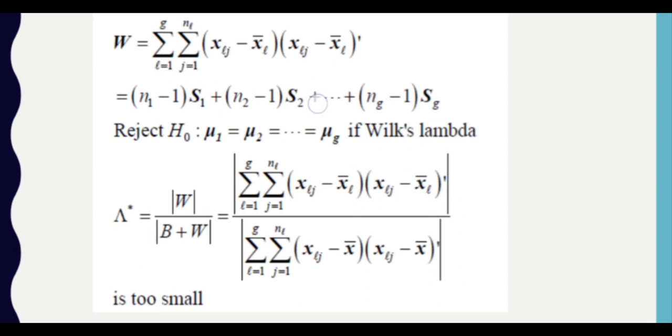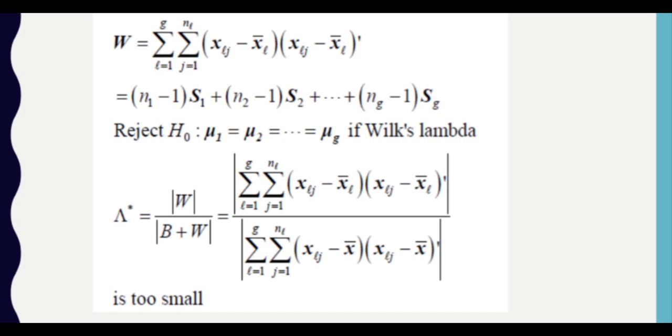Okay, ini yang I cakap tadi. The other formula untuk dapatkan matrix of W, which is the sample size for each of the population minus 1 multiply dengan sample variance covariance for each population. Okay, so you need to hafal the formula.